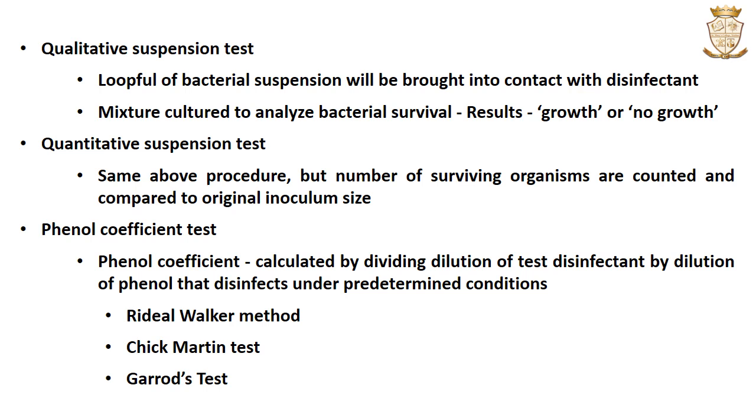That is, we will observe the different dilutions of test disinfectant which can kill the microorganisms, and this particular dilution will be divided by the dilution of phenol that also kills the microorganisms under similar conditions. And this calculation will give us the phenol coefficient. The phenol coefficient can be determined by different methods, and they are the Rideal-Walker method, Chick-Martin test, Garrod test, etc.